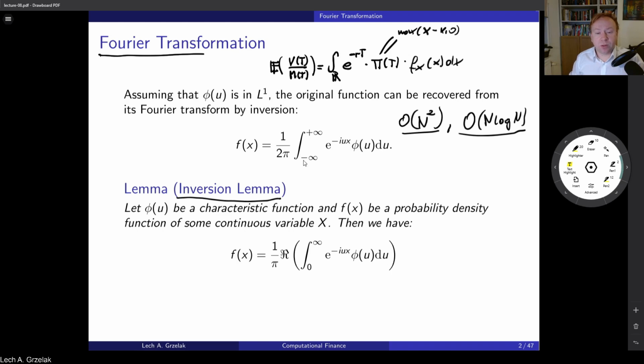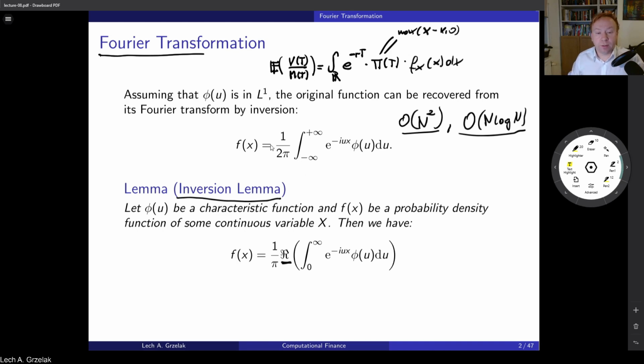If we compare these two expressions, we see that we need to take the real part, which is a very cheap operation. On the other hand, our integral has a reduced domain: instead of going from minus infinity to infinity, we have 0 to infinity, but we also need a factor of 2. As you can see, there is a half here, so multiplying this by 2 gives the relation.